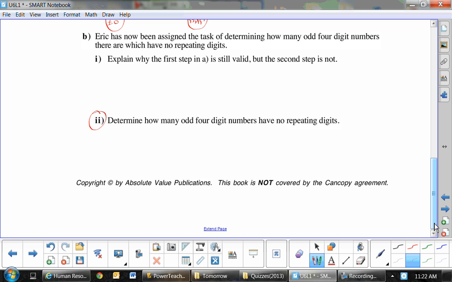First of all, I'm going to start like I've always started: 1, 2, 3, 4. Any restrictions? It has to be odd again. So we've got 1, 3, 5, 7, 9. There's 5 choices.